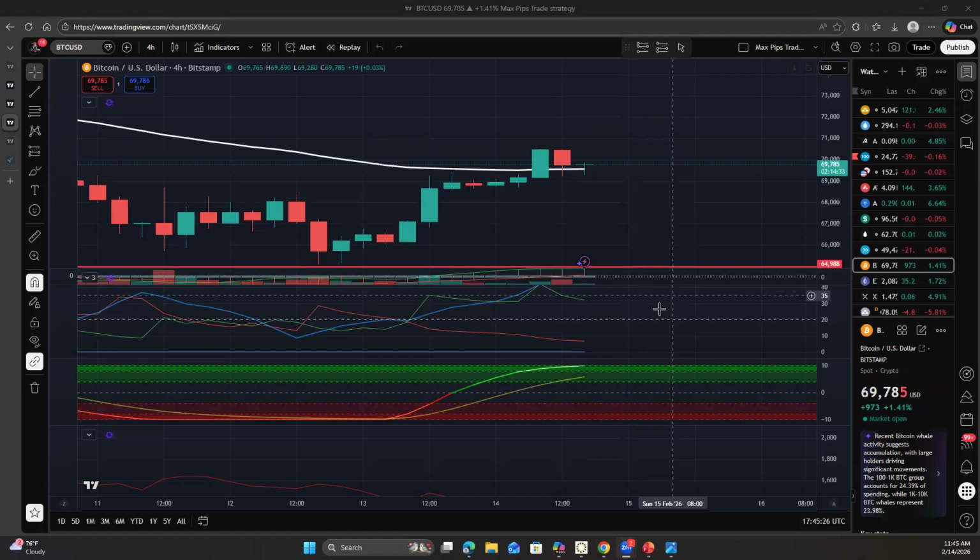But if this green line was below and the red line was above, then we would have to assume that price is trending in a downward movement.